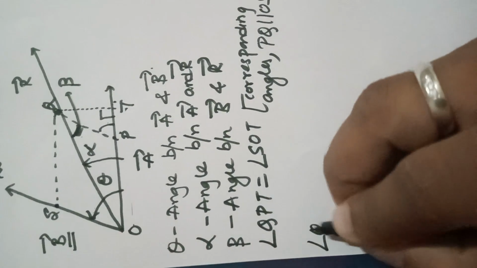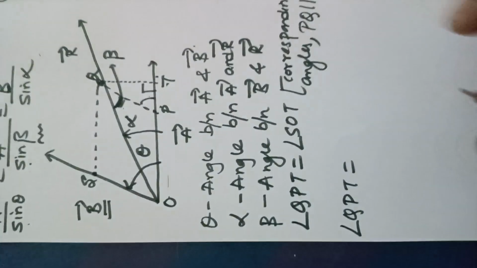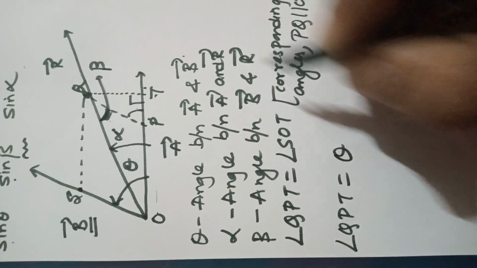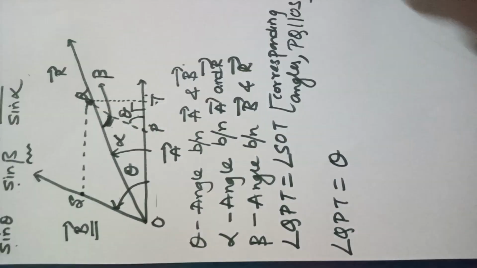Now QPT is equal to SOT, and SOT is marked as theta here, so QPT will also be equal to theta. So I'll mark QPT as theta. Yes. Now we are ready to derive this.